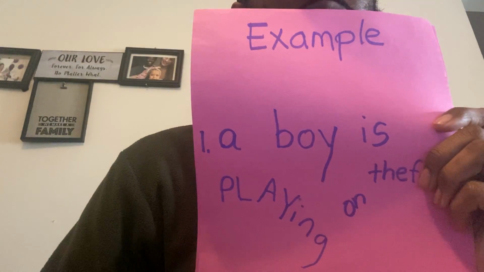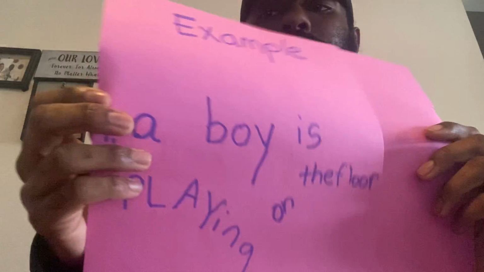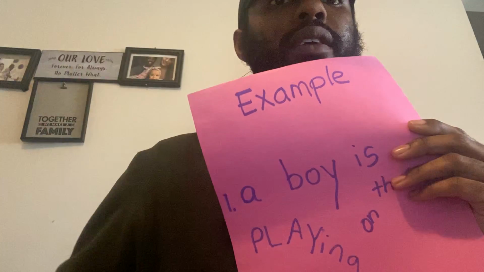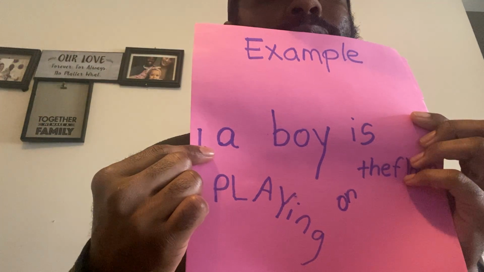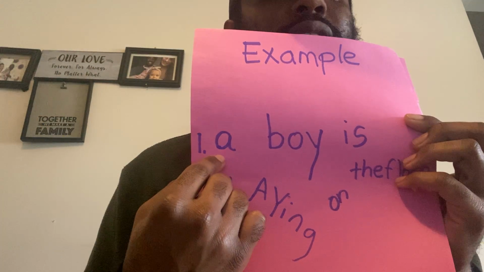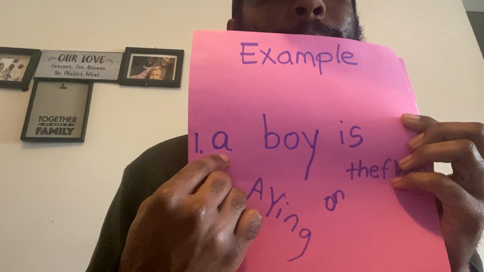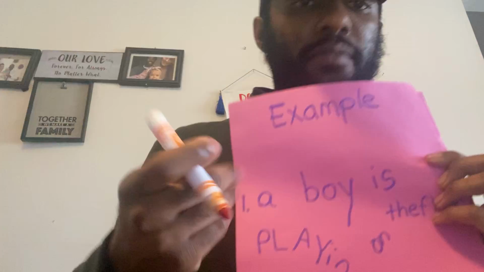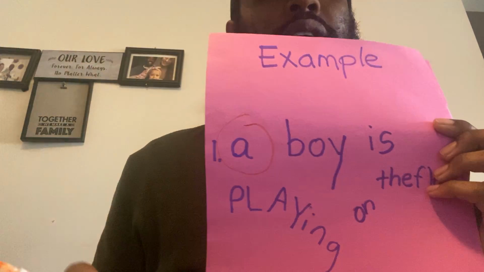I see a couple things wrong with this, boys. Let me go back to our rules. Rule number 1, capital or uppercase at the beginning of a sentence. If you look right here and you notice the A, what kind of A is that? Yeah, that's lowercase. So that's already a problem. That needs to be uppercase.